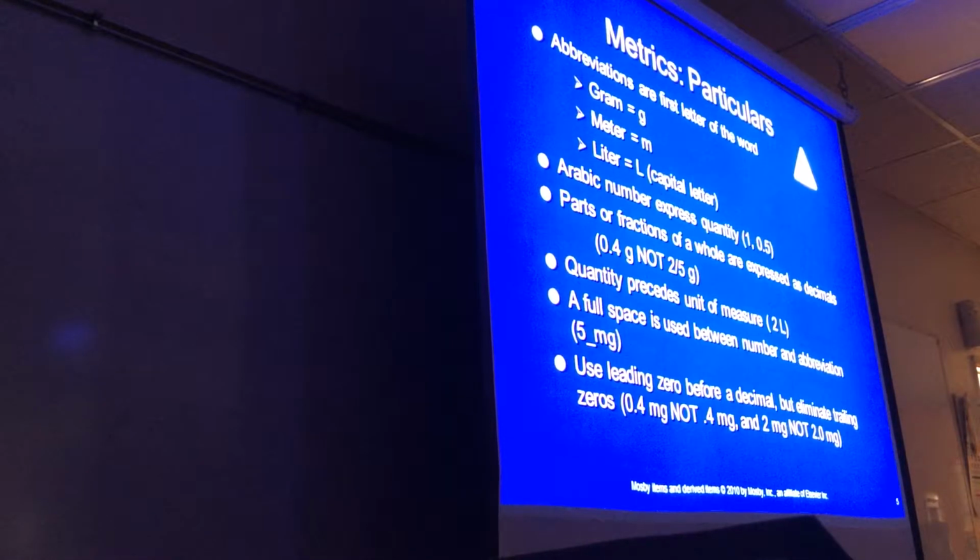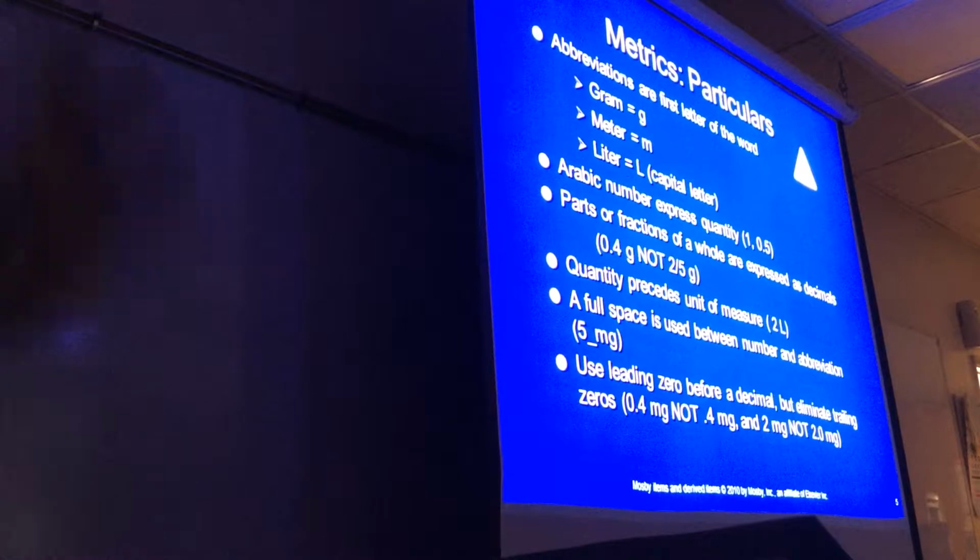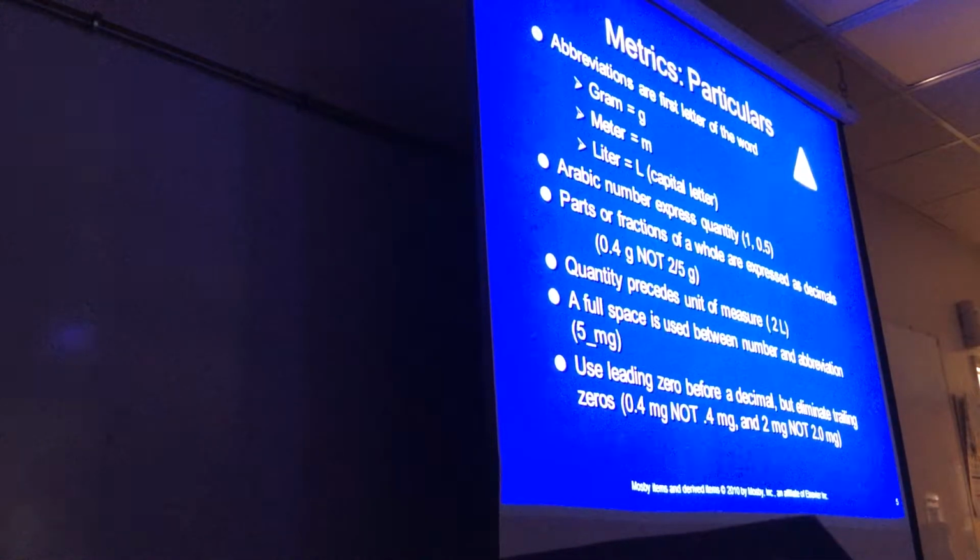Okay, very specific. And we use Arabic numbers to express quantity. So I don't want to see any Roman numerals, like for 10 milligrams, I don't want to see X mg. Those don't go together. That is not an acceptable answer. Now, if you see, and we'll get to it, I think we mentioned it somewhere else, grains, the apothecary measure, for grains you're supposed to use Roman numerals.